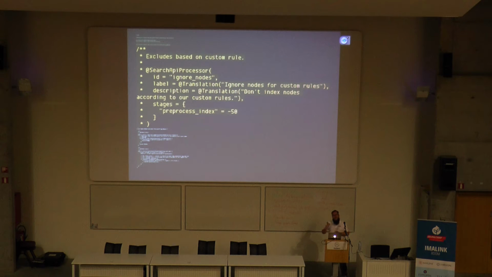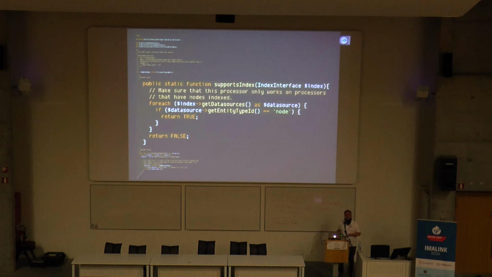Search API also has different kinds of processors, and the stages are how we say what kind of processor it is. This one runs before indexing. So when you index content into a Search API index, before it actually goes into the index, this is when this processor will run.